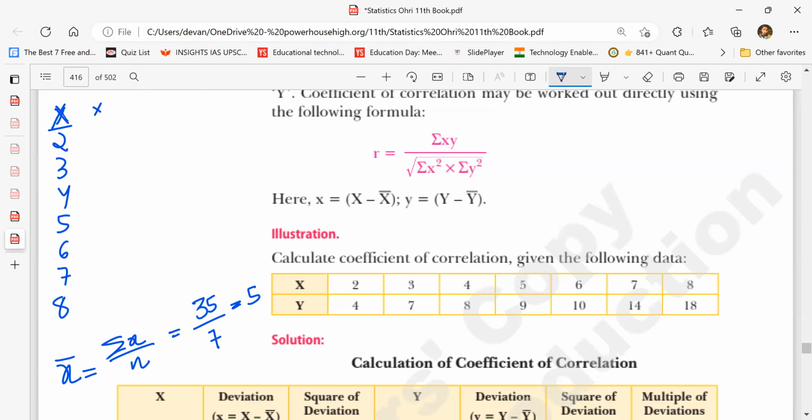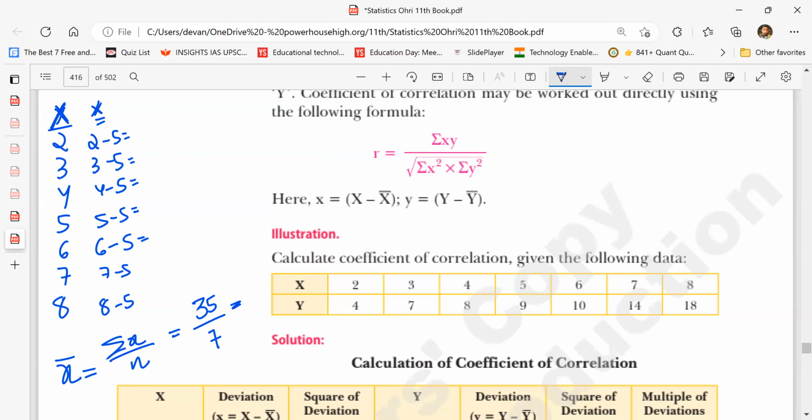This was capital X. Now you will calculate small x by subtracting this average value from each of these values. So you will do 2 minus 5, 3 minus 5, 4 minus 5, 5 minus 5, 6 minus 5, 7 minus 5, 8 minus 5.